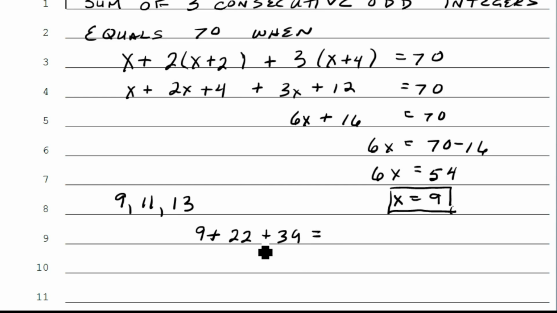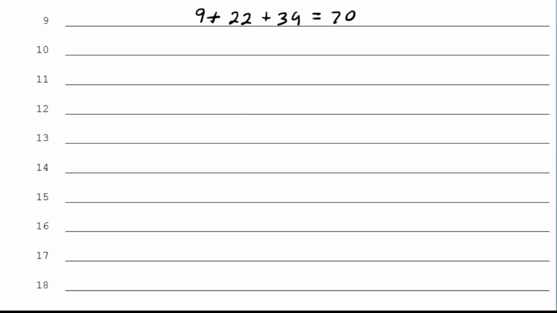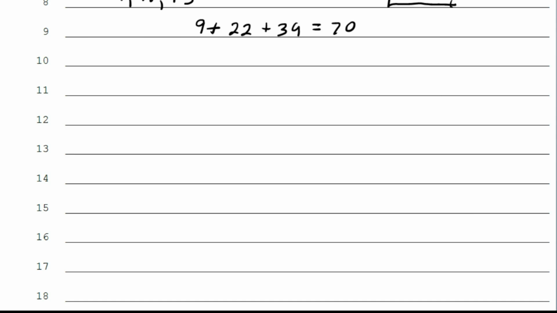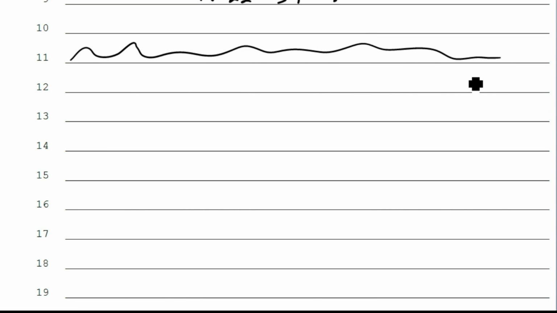And that adds up to 9 plus 22 plus 39, which is 70. It's not hard at all. You just got to realize when they call for consecutive odd or even integers, you just take x, and then the next one is x plus 2.